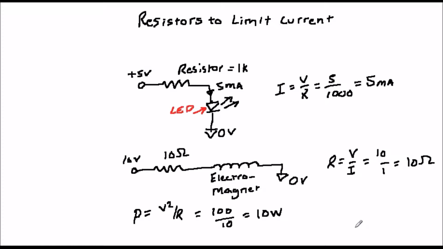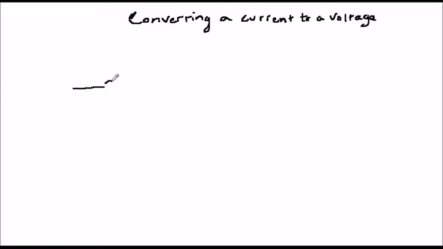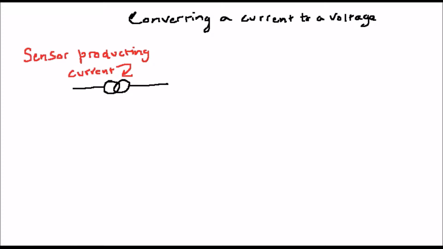The second reason that we might use a resistor in a circuit is to convert a current into a voltage. Suppose, for example, we have a sensor which produces a varying current output according to what it's measuring. We could use a resistor to convert this current into a voltage. We might want to do this because voltages are generally easier to manipulate and to process in electronic circuits.